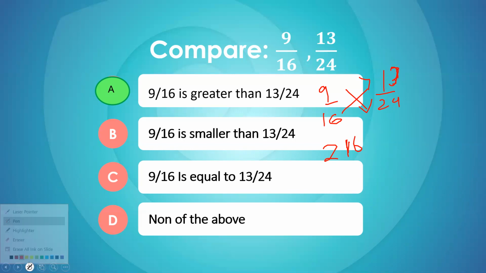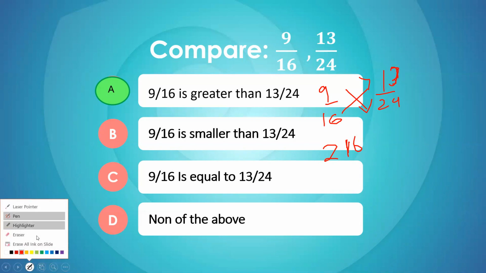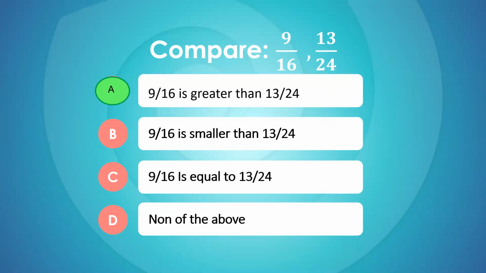Let me tell you in baby steps. When you do the cross multiplication, you have to write like this, and we have to take the numerators as the main ones.